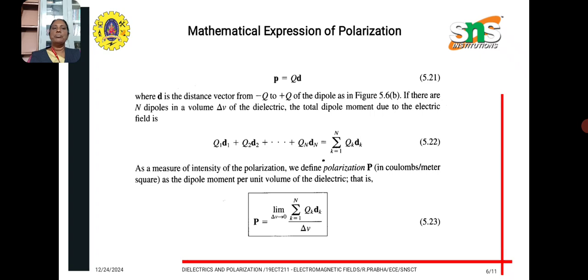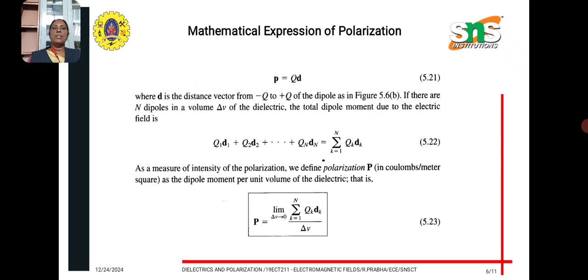Here D is the distance vector from minus Q to plus Q of the dipole as shown in the figure. If there are n dipoles in a volume del V of the dielectric, the total dipole moment due to the electric field is Q1 D1 plus Q2 D2 up to Qn Dn, equal to summation i equals 1 to n of Qi Di.